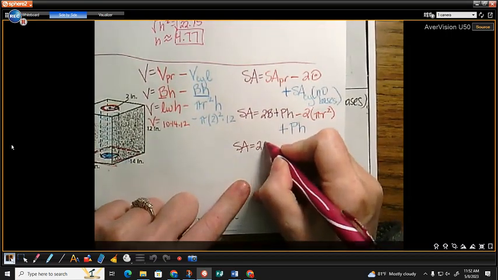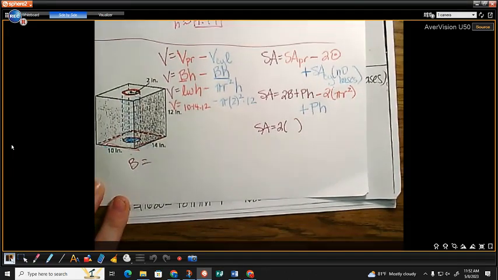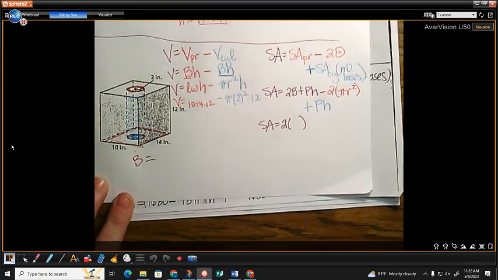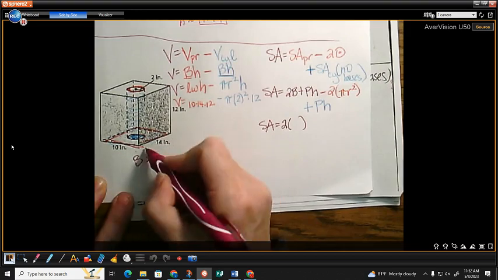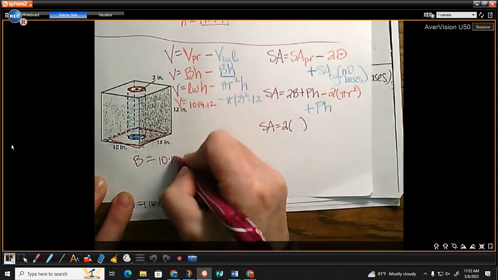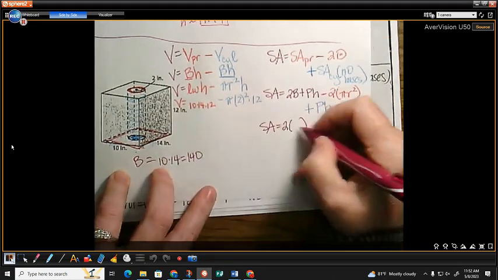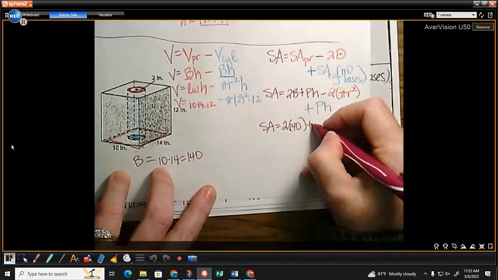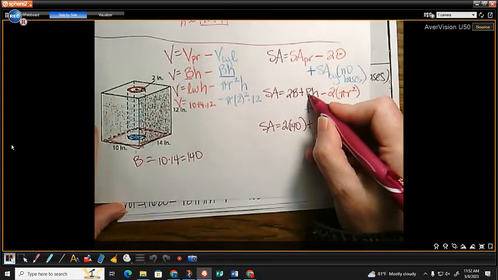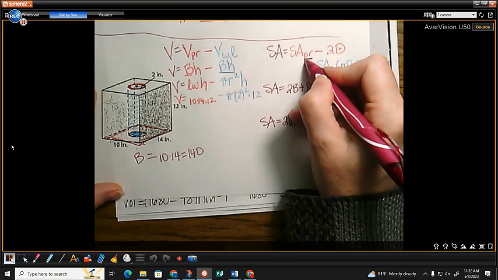Okay, how do I get the area of the base of this? Well, isn't it a rectangle, length times width? Yes. So it'll be 10 times 14, which is 140. Then I need the perimeter of the prism.